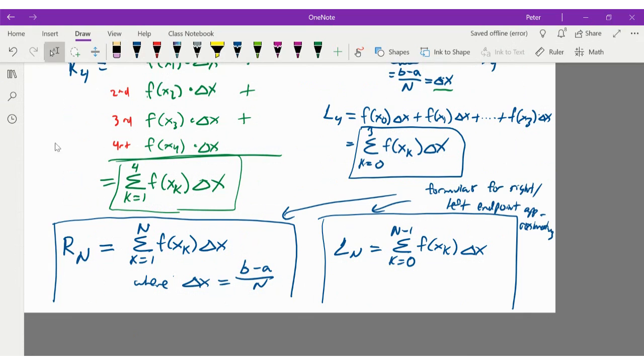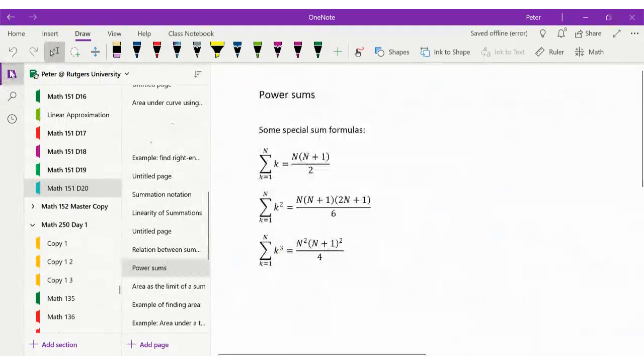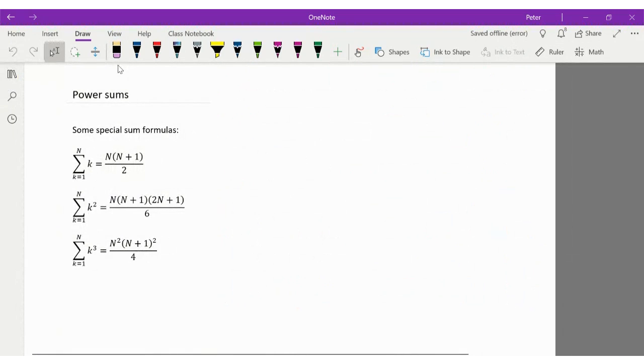Okay, so let's see. We have a couple of formulas that are kind of useful. It's often useful to be able to add up certain very regular series.